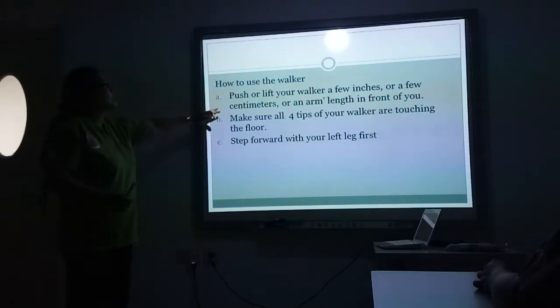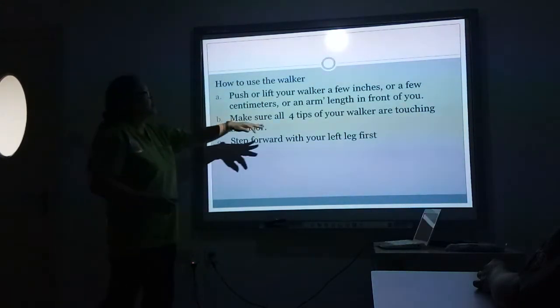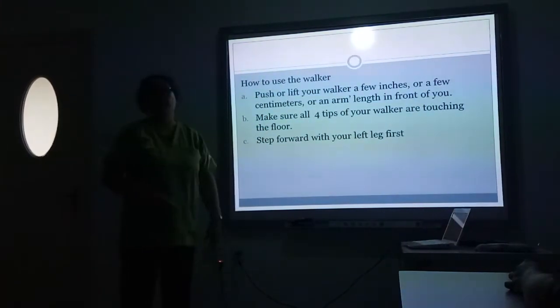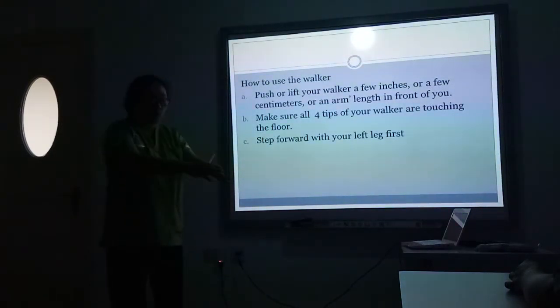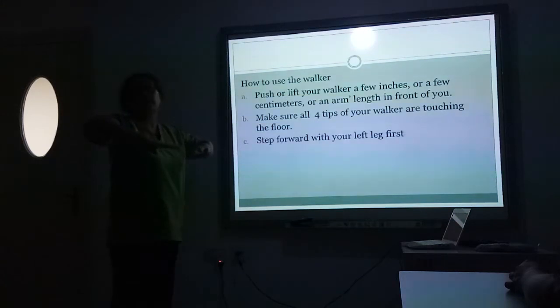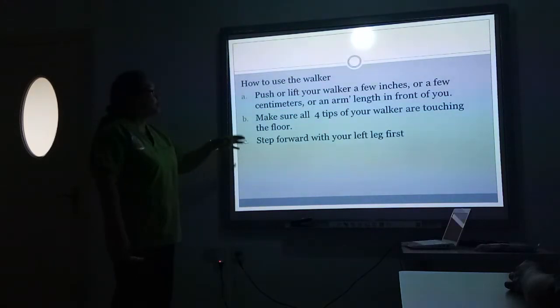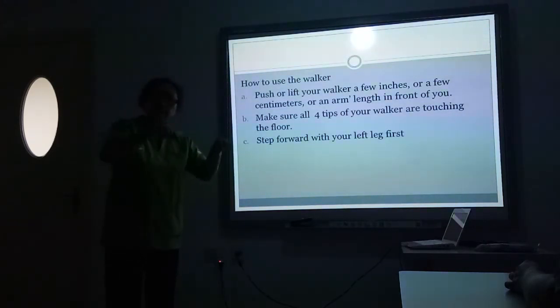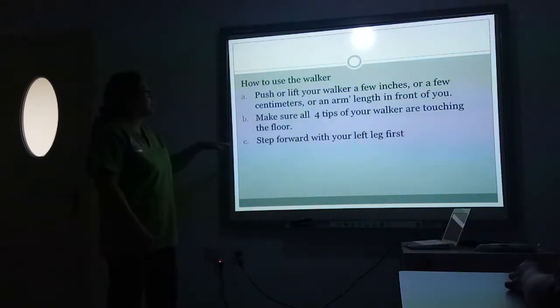Okay? Or centimeters on an arm length in front of you. Okay, so the walker should be what? Arm length. Hindi ganun kalaki, kundi hanggang dito lang. Arm length. Okay. Make sure all four tips of the walker, okay, are touching the floor.